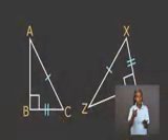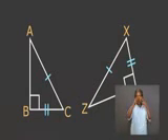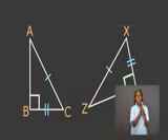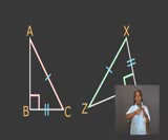They are congruent. How can we tell? In the case of these two triangles, we know that they each have a right angle. The length of the hypotenuse is the same, and one of the two remaining sides is the same length.